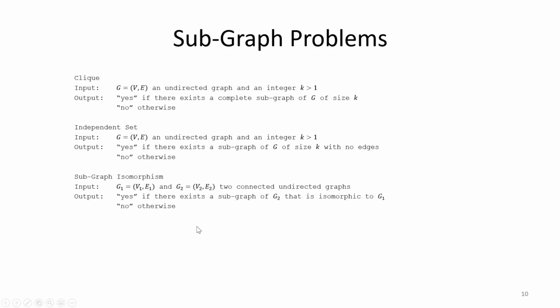The reason I wanted to bring up the subgraph isomorphism problem is we can see clique and independent set as special cases of this. We have our original graph G2, the one we're asking a question about, and then the graph G1 that we pass in is a complete subgraph, or a graph with no edges, or a graph with some other property. If you want to do cycle detection, we could pass in a cycle.